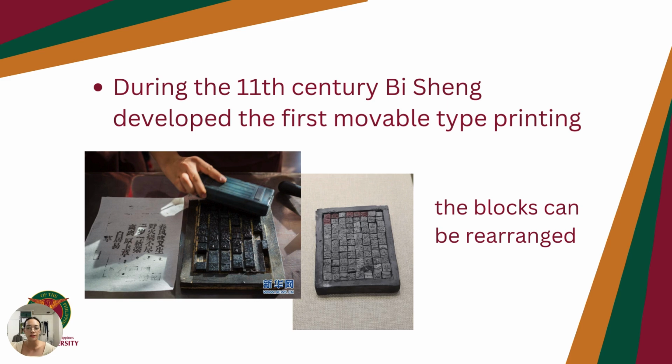Unlike yung xylography na kinakarve nila yung buong page ng libro sa isang malaking bloke ng kahoy, dito sa movable type printing na dinevelop ni Bi Sheng, the characters of the text are carved into small blocks. In this way, the blocks can be rearranged and you can pick which character you need instead of having to start all over again.